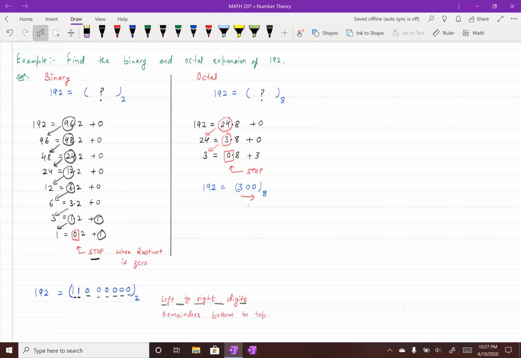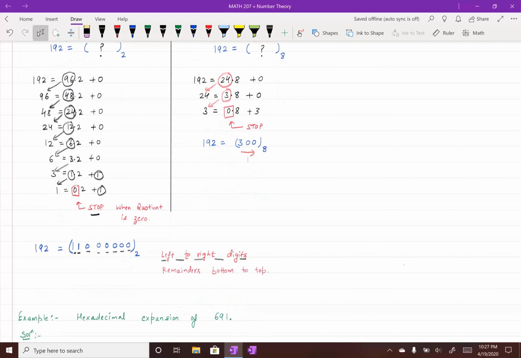So this is the octal expansion of 192, which if you want you can verify: 192 can be written as 3 times 8 to the power 2 plus 0 times 8 to the power 1 plus 0 times 8 to the power 0, which is going to be equal to 192. So you can verify that.